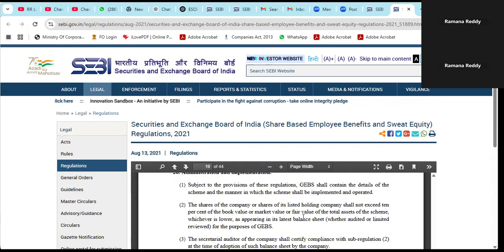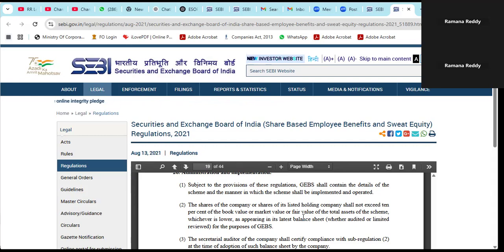Suppose the shares of the company or shares of any listed holding company. There is one specific class in the general employee benefit scheme and retirement benefit scheme, because the shares of the company or the shares of its listed holding company shall not exceed 10%. 10% on what?